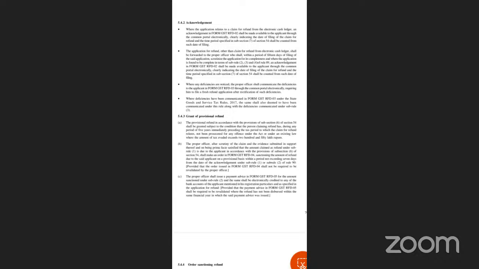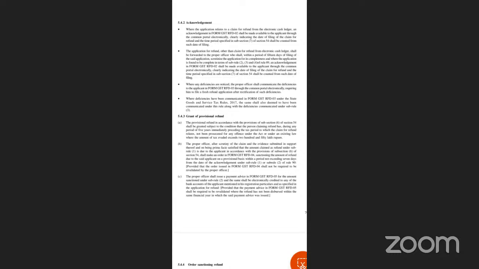Whatever application or claim you have put up, if the proper officer thinks that a satisfactorily correct statement has been filed, in such case he will issue GST RFD 04 and sanction the amount as a refund on a provisional basis.